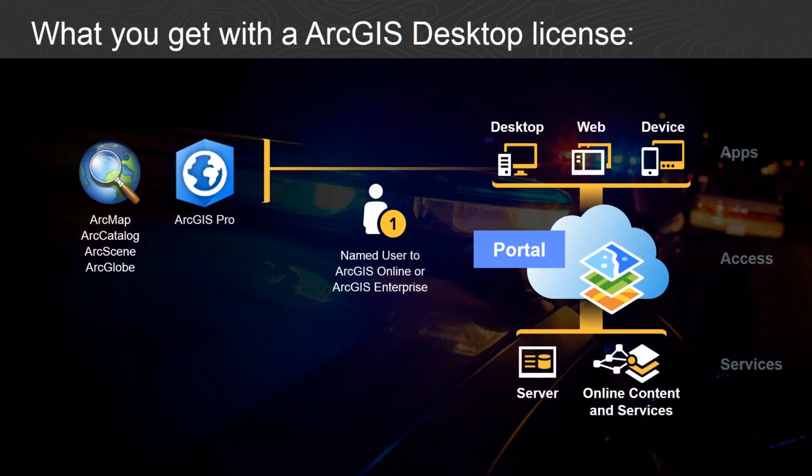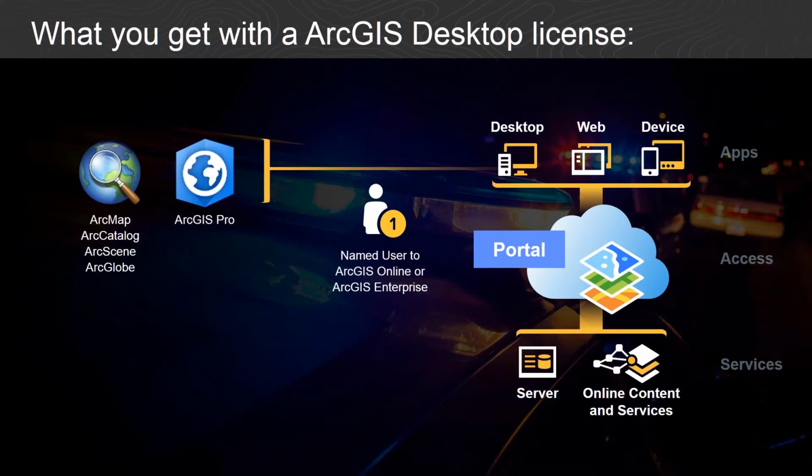ArcGIS Pro is the next generation of desktop GIS, and the cool thing about Pro is that it combines all the functions that were previously only possible in the separate applications into one complete desktop application. So everything's all in one application for you to organize and manage your data. You can perform all your analysis and visualization there, and it combines both those 2D and 3D environments into one single application.